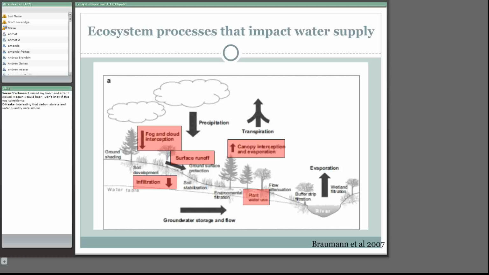And also to identify those processes that are potentially available for using as proxies to assess potential impacts.